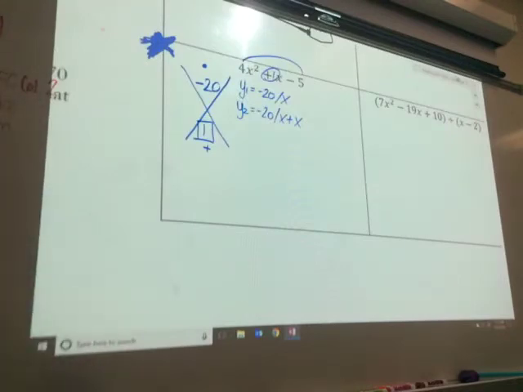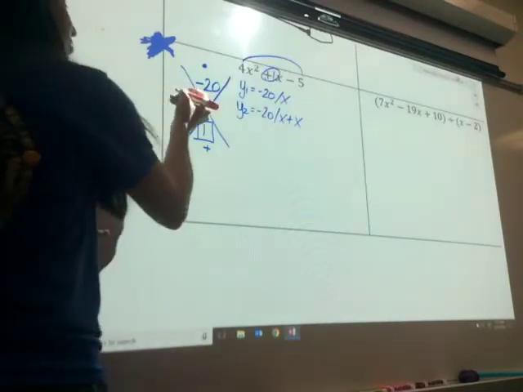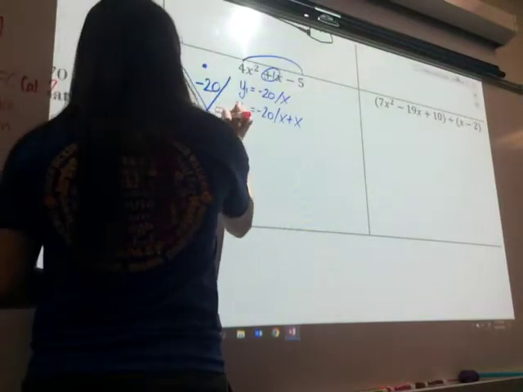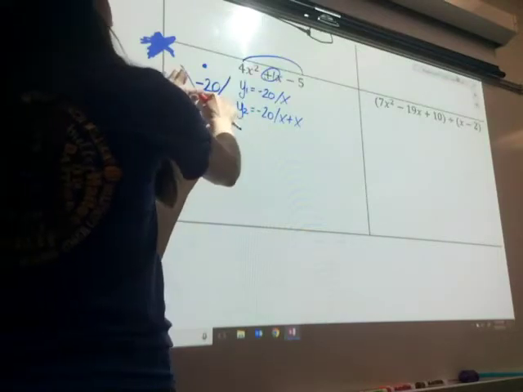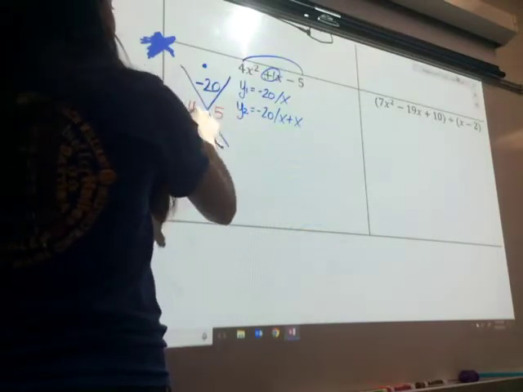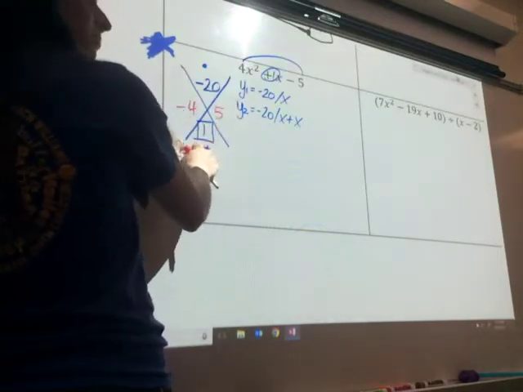Can you find it? Negative 4 and 5, do you agree with them, guys? Well, let's check real fast. Ready? Negative 4 times 5 gives me negative 20, but what's negative 4 plus 5?